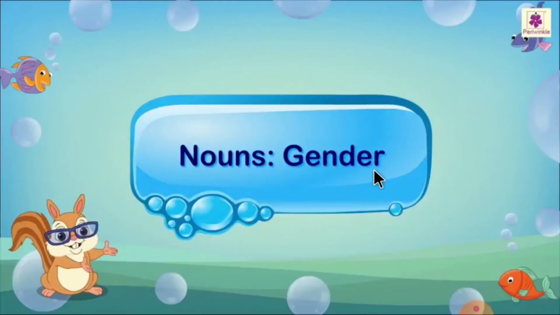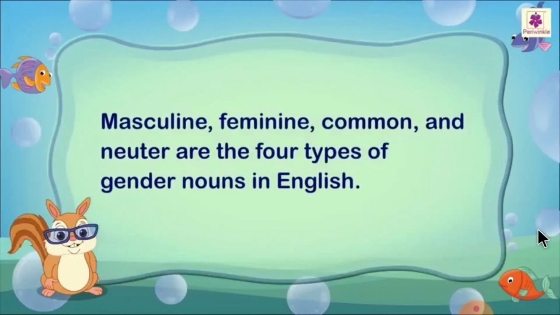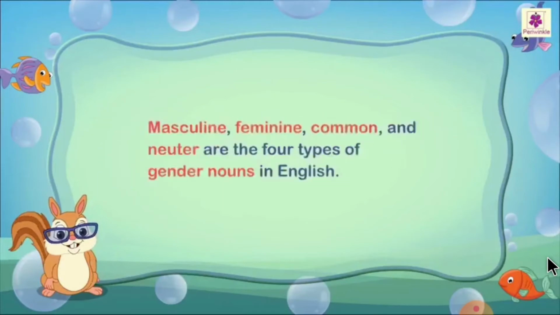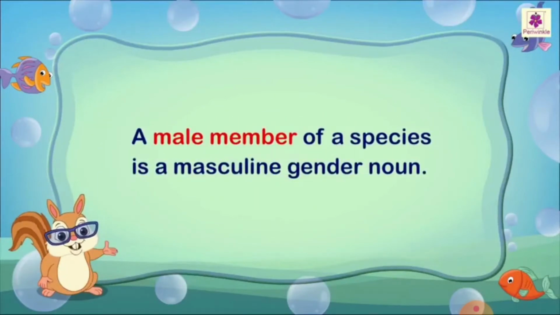Nouns. Gender. Masculine, feminine, common and neuter are the four types of gender nouns in English. A male member of a species is a masculine gender noun.